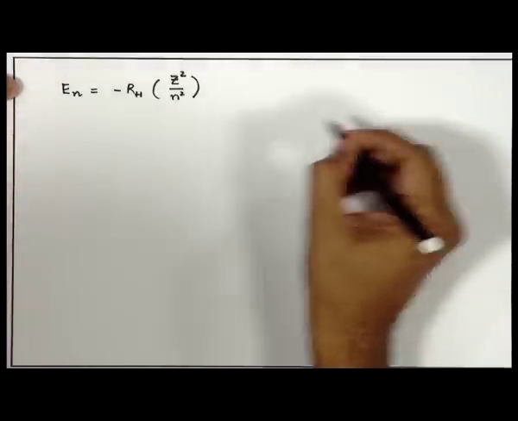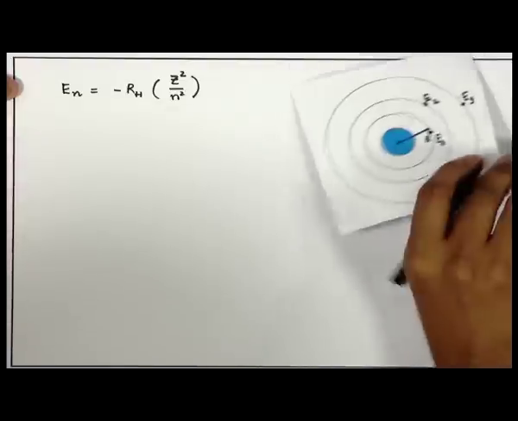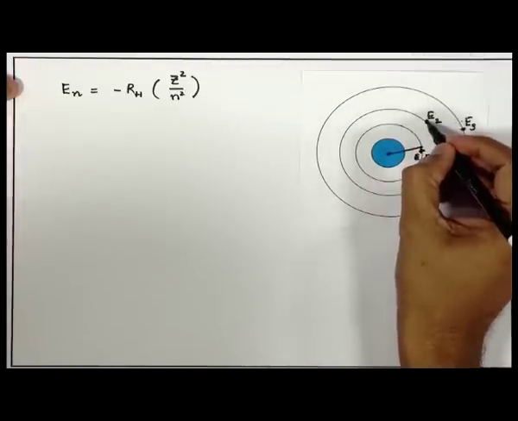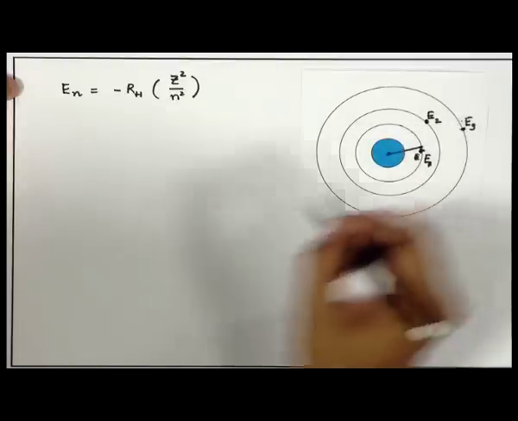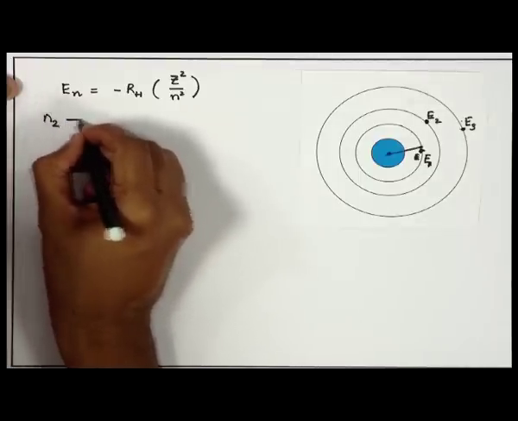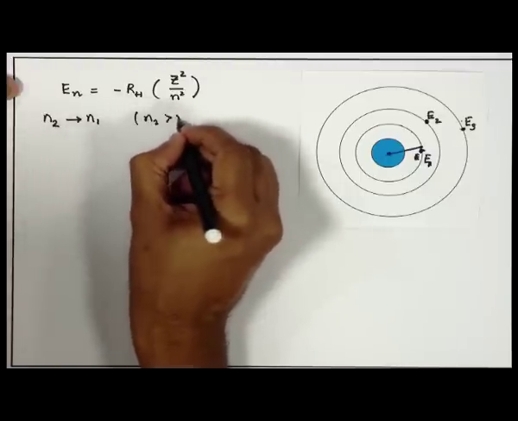For emission, we know from Bohr's atomic model that in an emission spectrum, the electron is coming from a higher energy orbit to a lower energy orbit. Let us say the electron is coming from n2 to n1, where n2 is greater than n1.